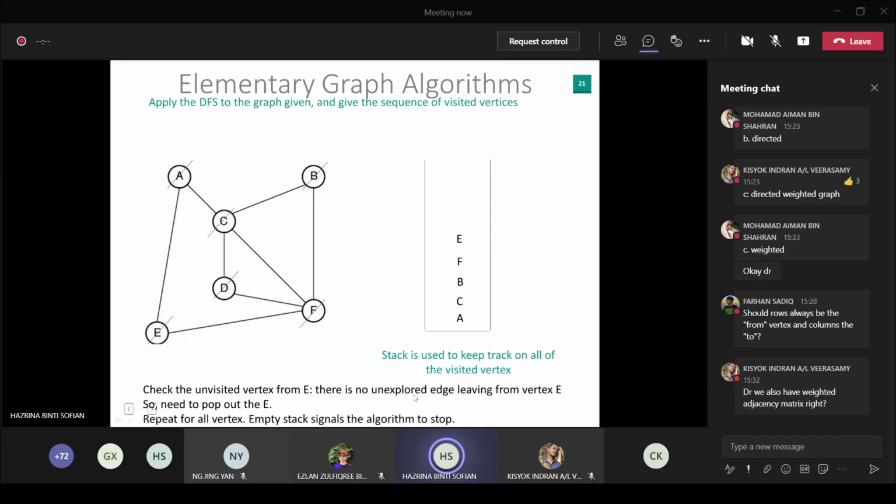There are no unexplored edges leaving from vertex E, so we pop out E. Then we repeat for all of the vertices. An empty stack signals that the algorithm needs to stop. F all visited, B all visited, C all visited, and A all visited. So the algorithm stops. Okay, so this is the DFS.